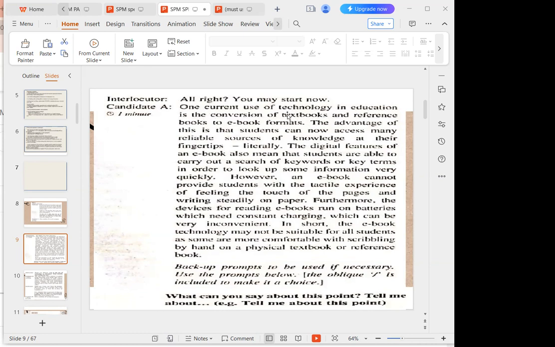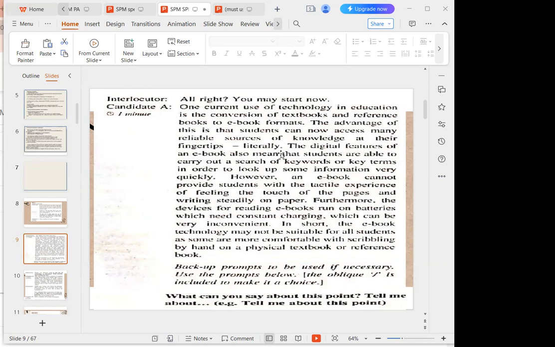Current use of technology in education is the conversion of textbooks and reference books to ebook formats. The advantages of this are that students can now access many reliable sources of knowledge at their fingertips.